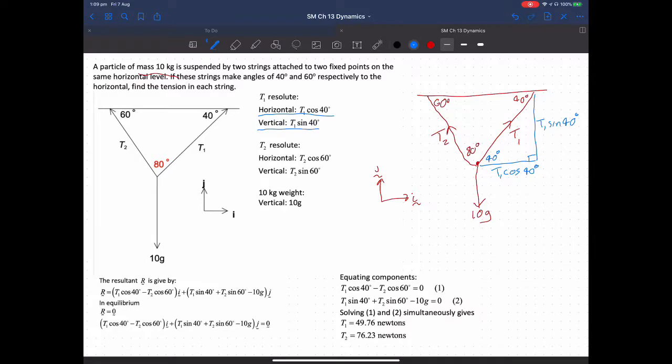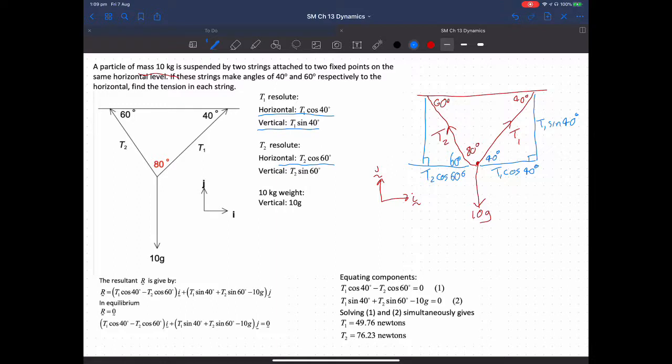Okay, now I'm going to look over at T2. T2, I have another right angle triangle. I know the 60 degrees. Again, if I go to work out the horizontal length, it's the adjacent side, that will be T2 cos 60 degrees.